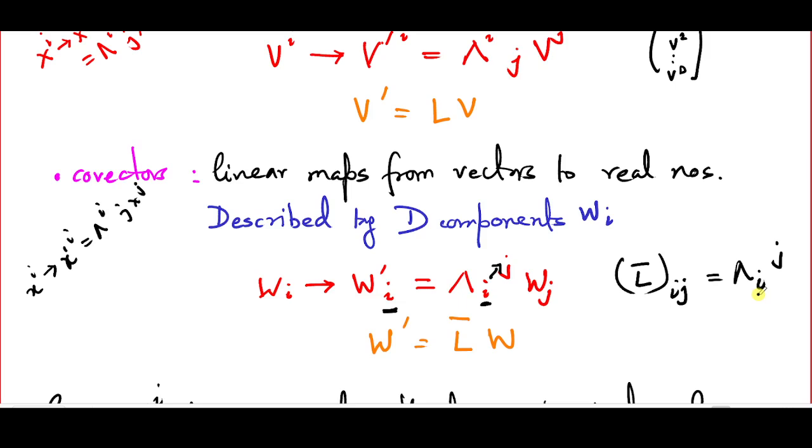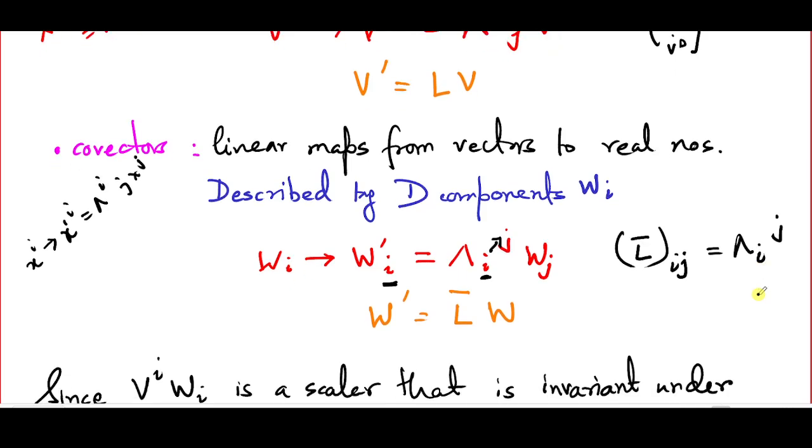Now, the reason why we actually have a different transformation rule for covectors as opposed to vectors, the reason why we have covectors in the first place, is that we want to ensure that the covector acting on the vector produces a number which is a scalar, an invariant, or you can also think of this as a vector acting on the covector.